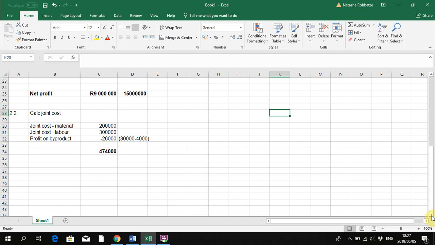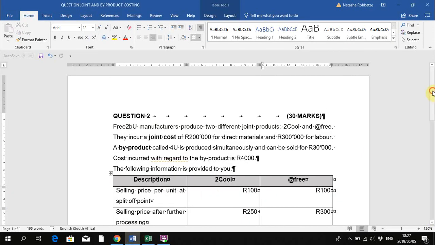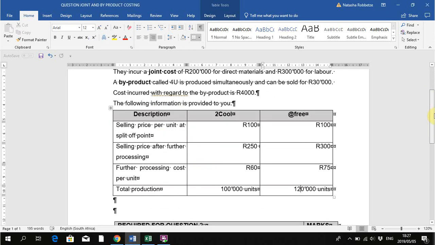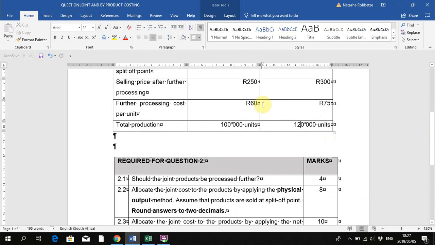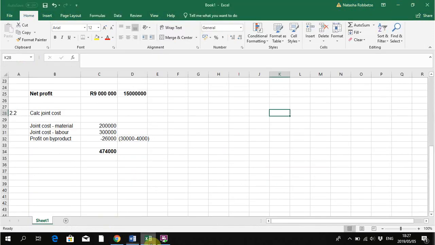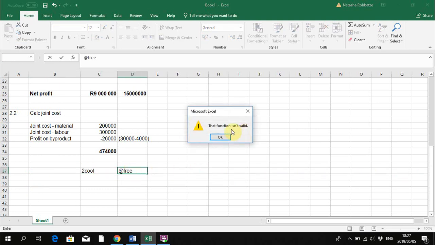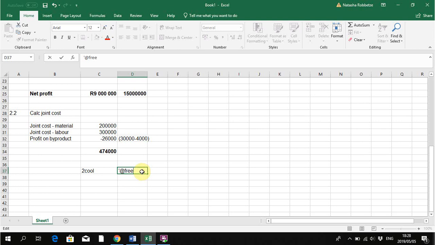So they ask me to allocate the joint costs to the product, right? So if I look at the joint cost calculation based on units, I'm going to say the following. There is this product, it's called Too Cool. The other one is called At Free. Let me just explain to Excel, this is not a calculation.